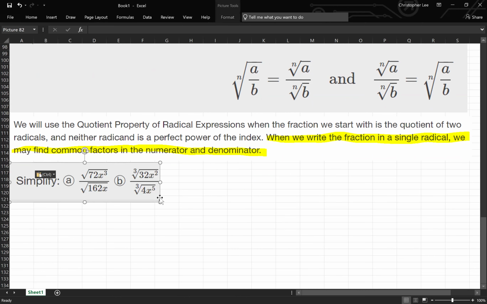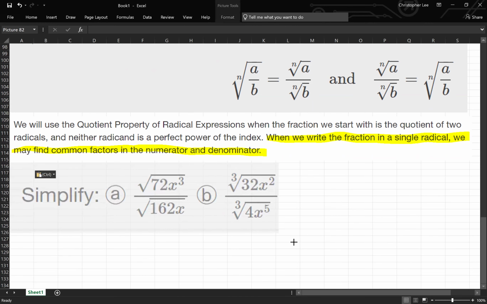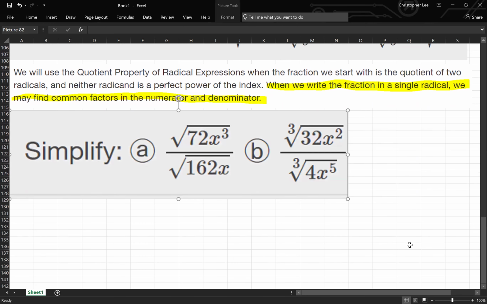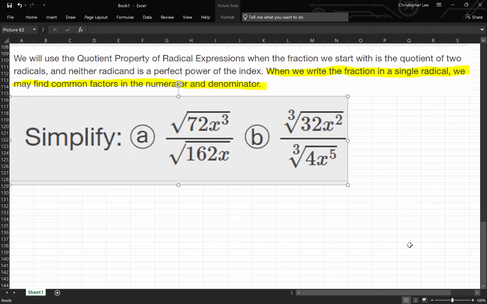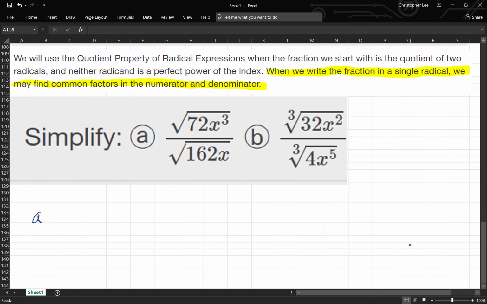So I'm going to look at A real quick. So I have square root 72x cubed over square root 162x. Now I could do the square roots individually, or I could write them under the same radical.